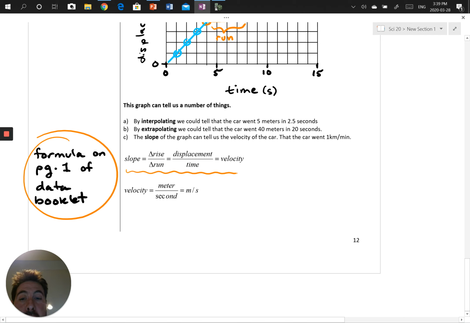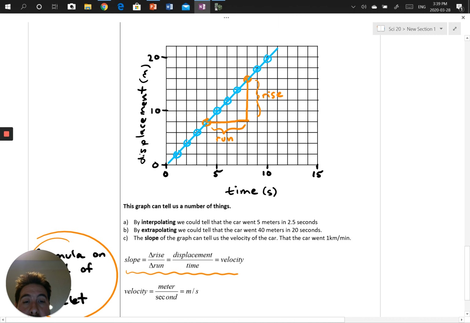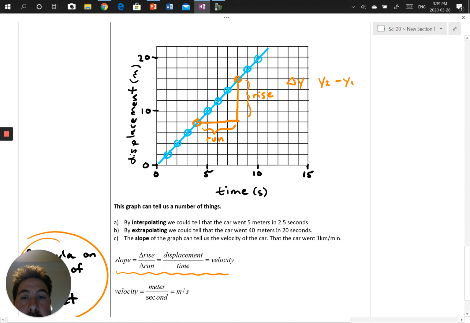Okay, and I know some of you guys in math class, you're familiar with calculating slope. Some of us it's a little bit tougher. So I'll help you out here. So the change in my y, so we got that delta, that means change in. The change in my y value is going to be y2 minus y1. So what does that mean? Well, in my triangle here, my lowest y value is going to be right here.